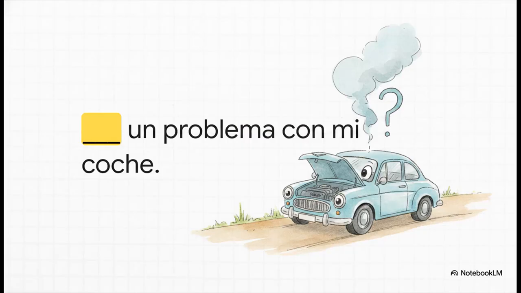Okay, round two. How would you say there is a problem with my car? That's right, it's hay again. Hay un problema con mi coche.